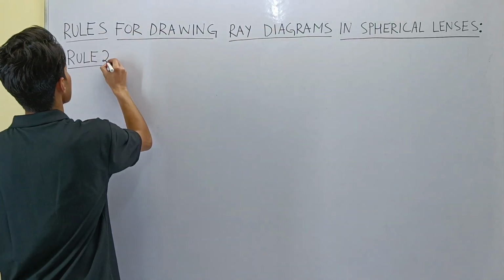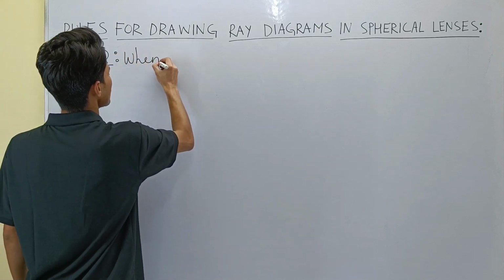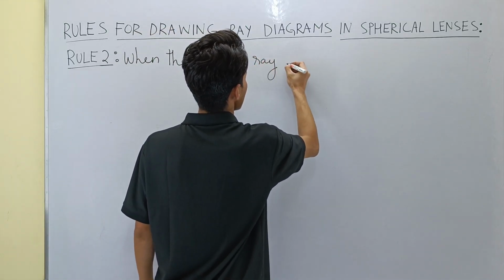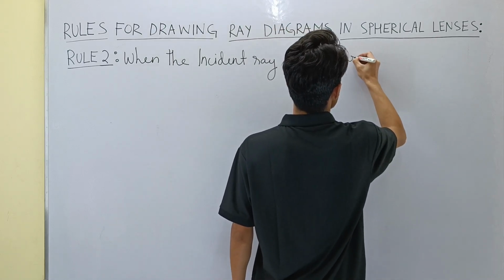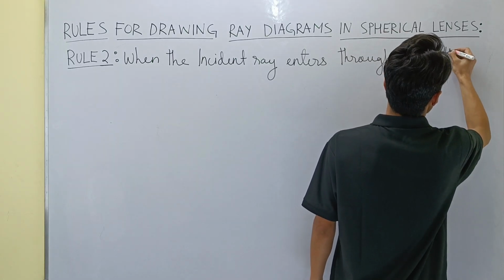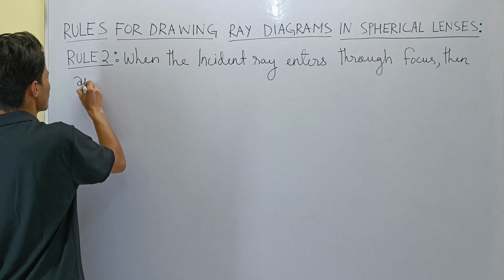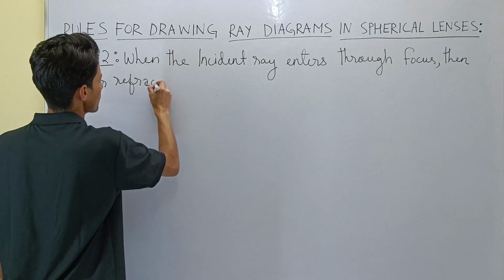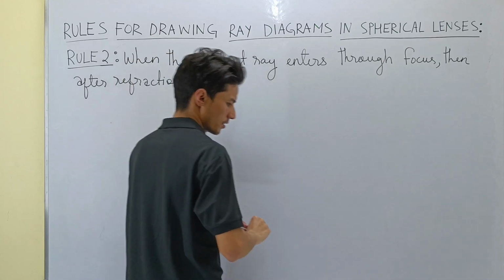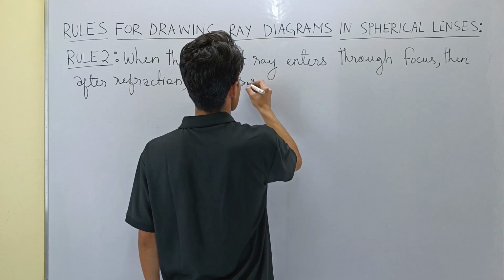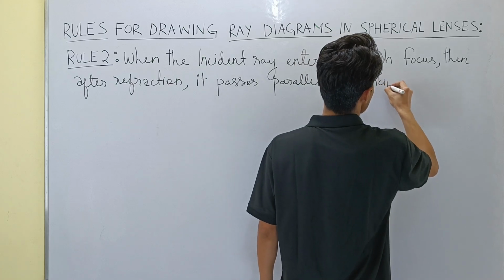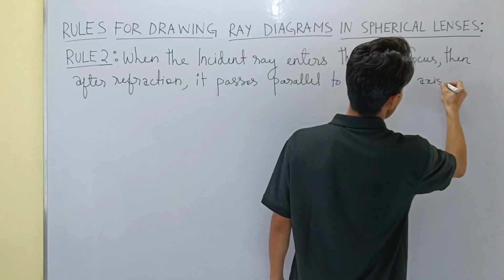Now, rule 2. When the incident ray enters through focus, then after refraction, it passes parallel to the principal axis.